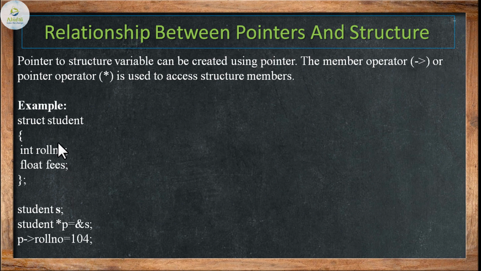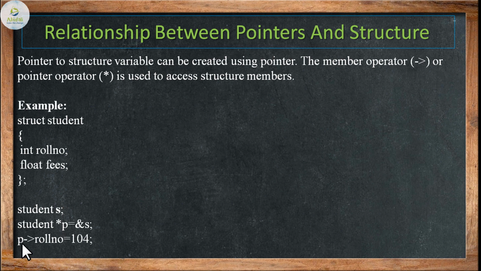That is, the structure student consisting of roll number and fees are the data members of the structure called S. So the address of S is stored in P.